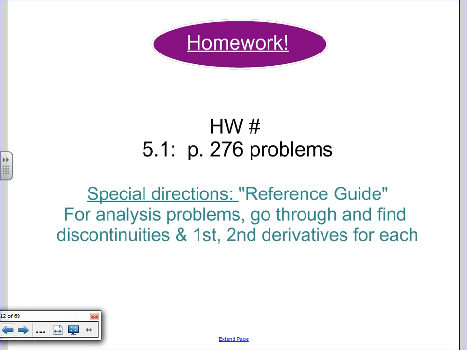My hint for homework number 21, which you are supposed to start tonight, which will be due on Thursday, is you will not know all the characteristics about it, but you do know how to find derivatives, and for any function you're asked to analyze, you do have to find its derivatives. STEM club today, so if you want to start on homework, go find derivatives on a separate piece of paper, and then we'll use them as we do homework tomorrow.